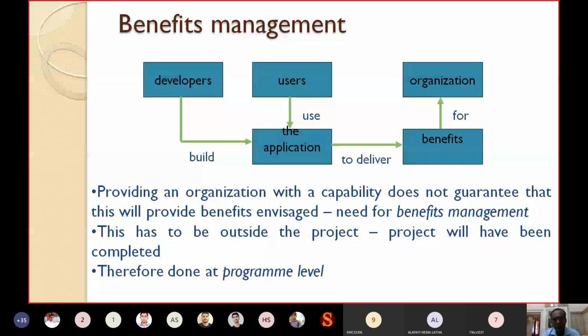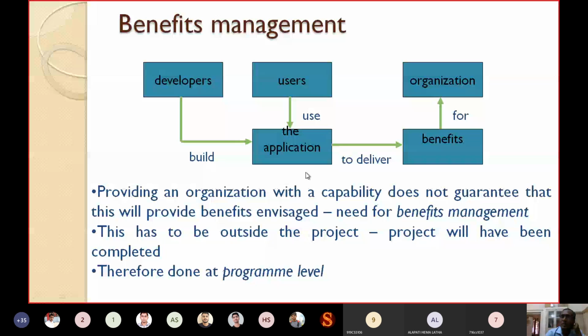Okay. So you can see a small diagram is given. Developers normally build the software application, whereas users will use the application. And the application that you have developed, what is the objective? To deliver some benefits. For whom?